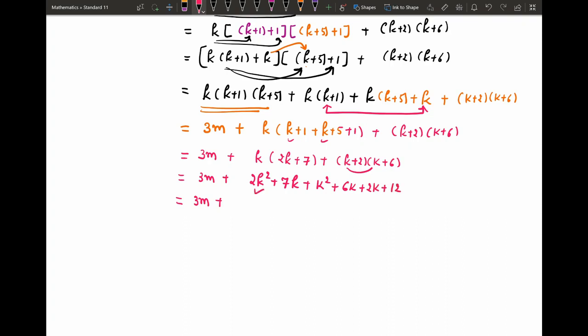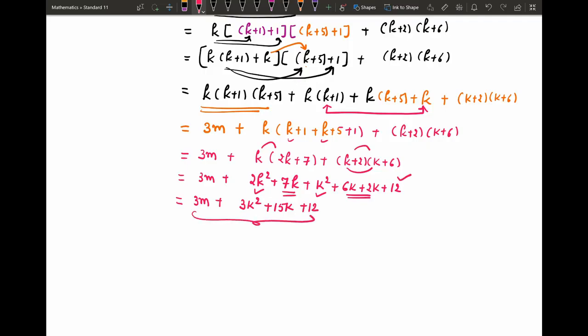So 2k square plus k square, so 3k square, 6k plus 2k, 8k plus 7k, so 15k and plus 12.